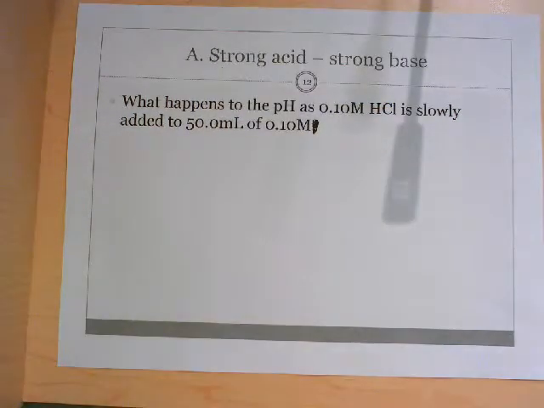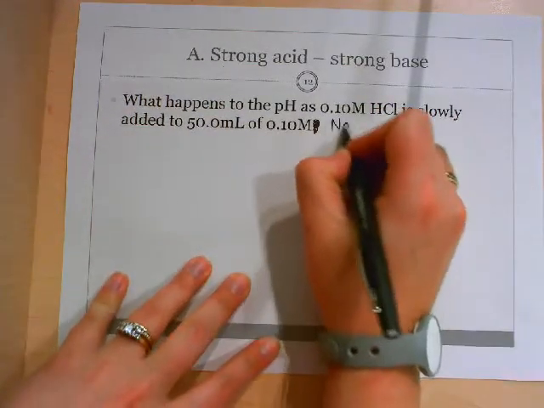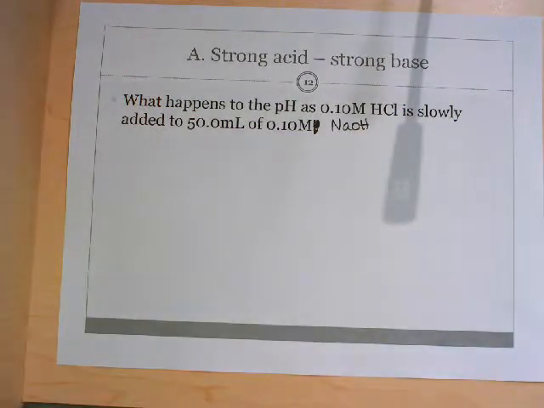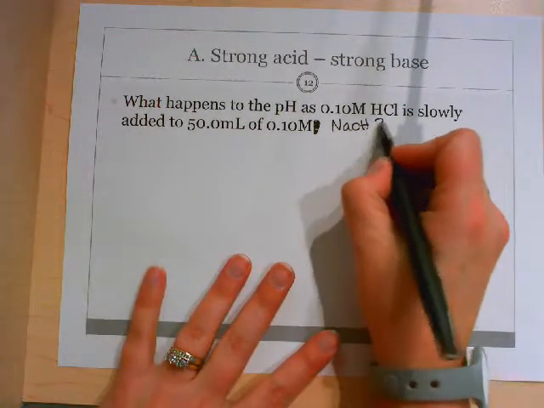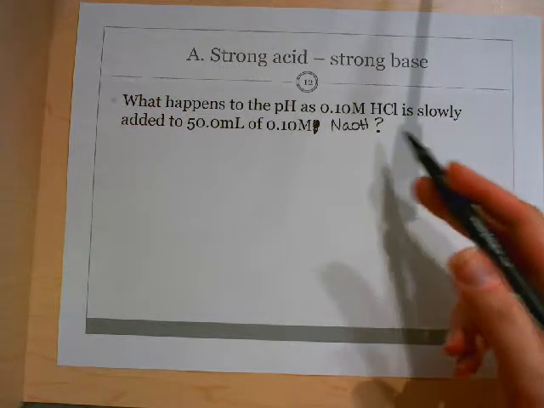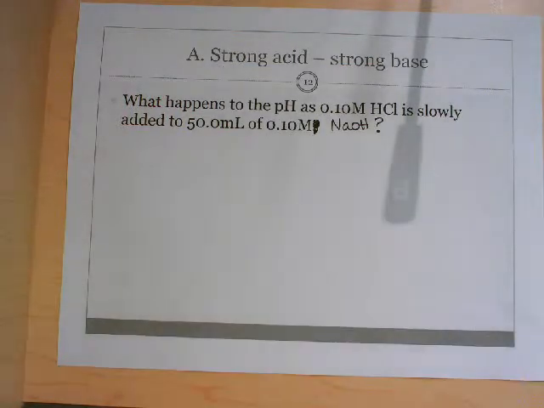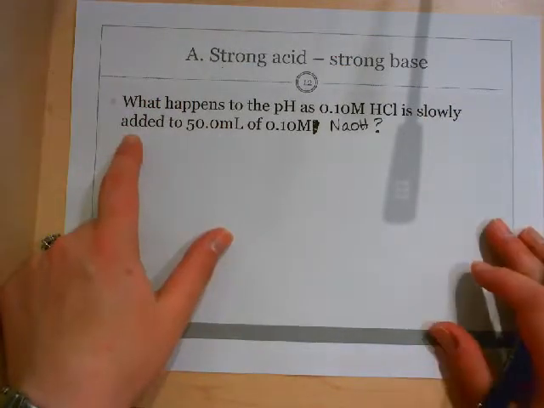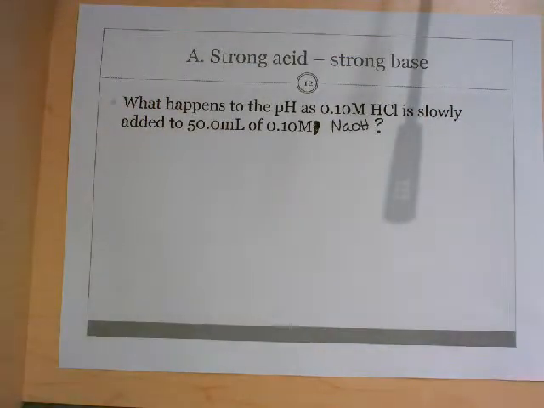I meant, what am I using? NaOH. I should probably have a proofreader for my notes. So what happens to the pH as I add hydrochloric acid to 50 mL of 0.1 molar sodium hydroxide? The word added tells you ICE chart, and that chart tells you moles.